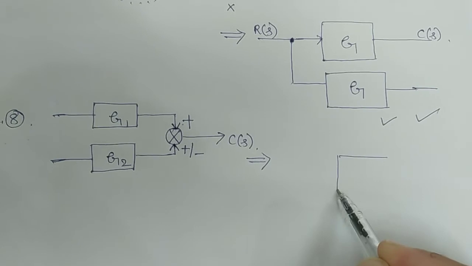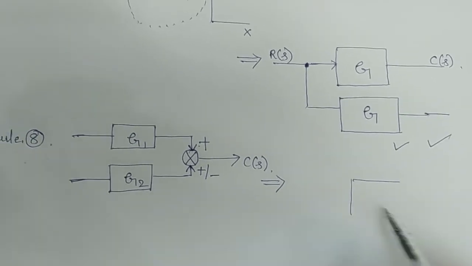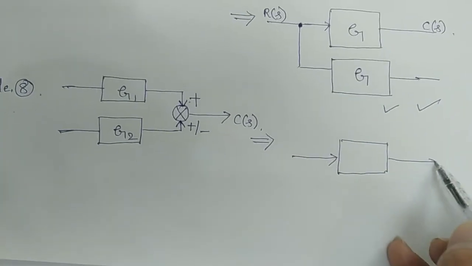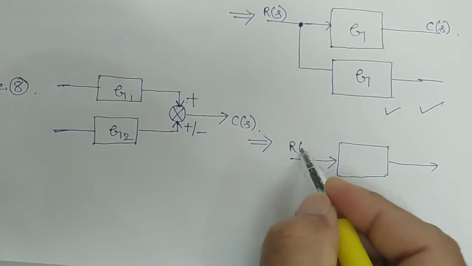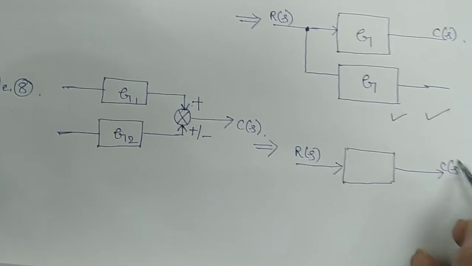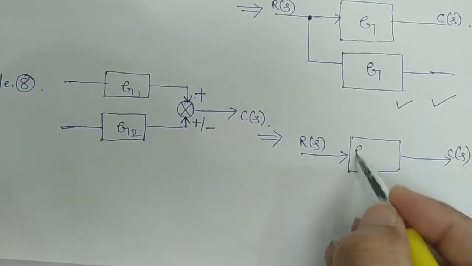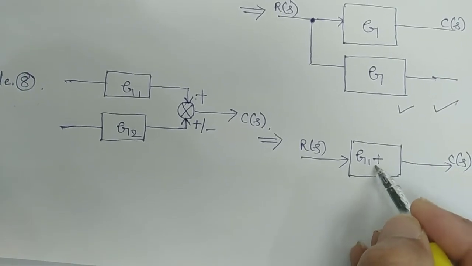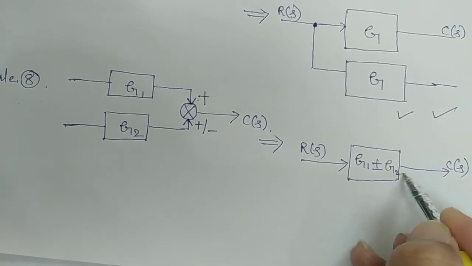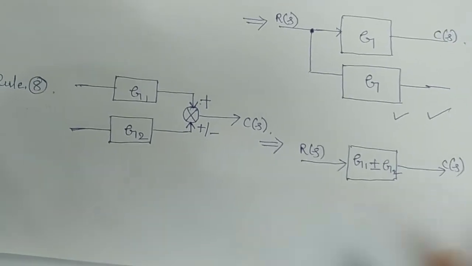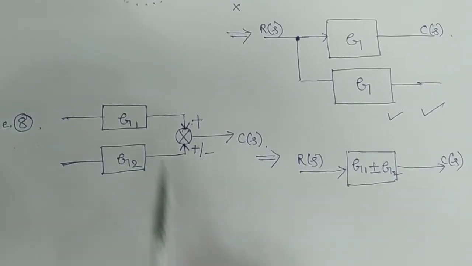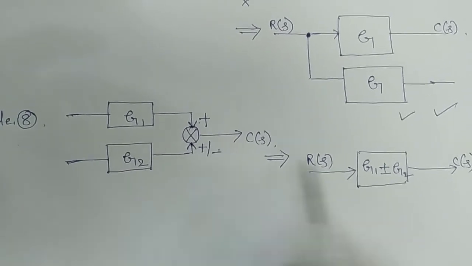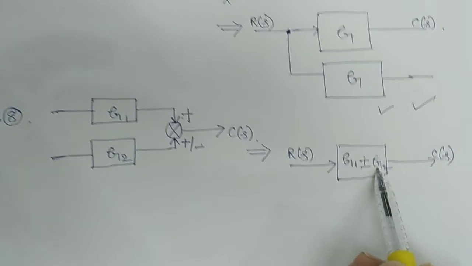Then the resultant will be like this. It is very simple, it is R of S and then C of S, and it is nothing but G1 plus or minus G2 you can write, because if this is plus and this is also plus, then your result will be G1 plus G2.